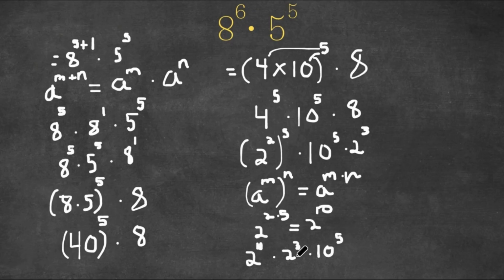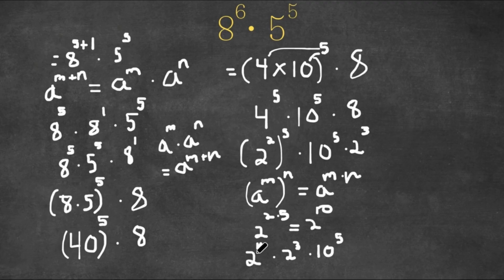Now, when we're multiplying two exponents, let's say a to the power of m times a to the power of n, this is equal to a to the power of m plus n. So when we're multiplying two exponents, we just add the exponents together.